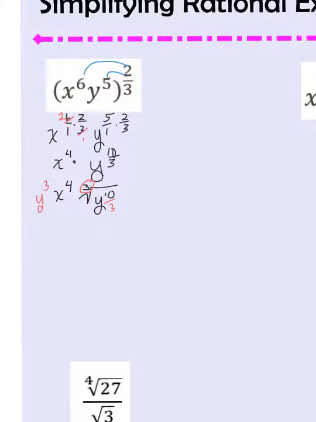So I'll bring out a y to the third. And then 3 times 3 is 9. That leaves 1 left over out of 10. So I'm going to get x to the fourth, y to the third out in front, the cube root of 1 y left over underneath. There you go.